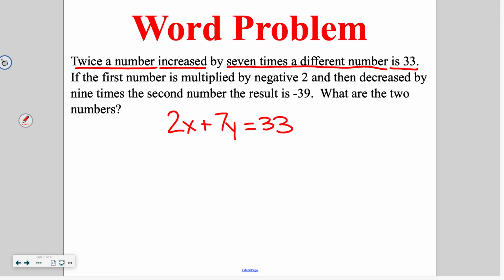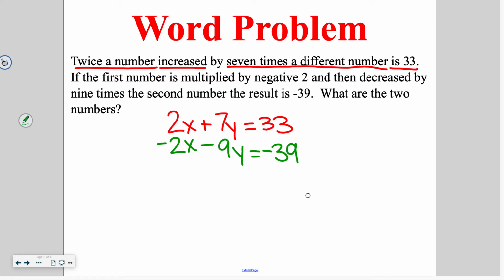If the first number, which is x, is multiplied by negative 2, so now we've got negative 2 times x, and then decreased, so subtracting 9 times the second number, which is y, our result is negative 39.